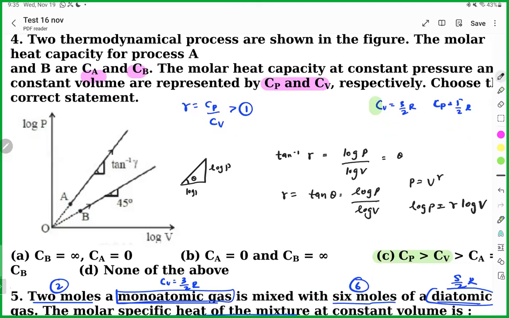correct? So log P is equal to gamma log V, the coefficient will come into the power if you want to remove log. So if this is the situation, can we say PV to the power minus gamma is equal to constant, correct?